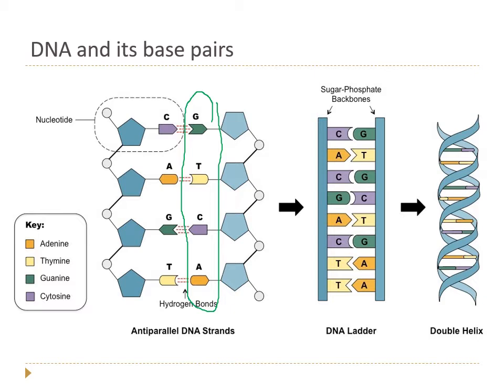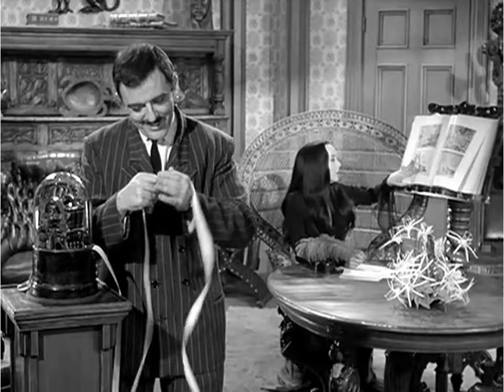So you can see how this is the smallest level, and then here's an image of what that ladder looks like, and then that twists into that double helix form.